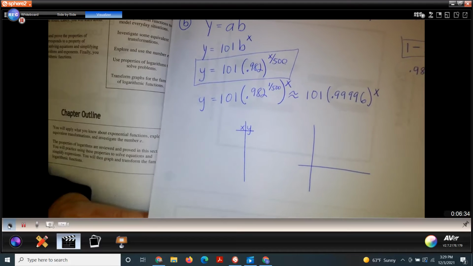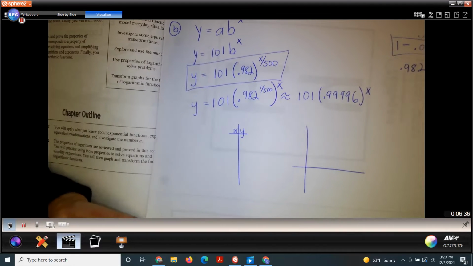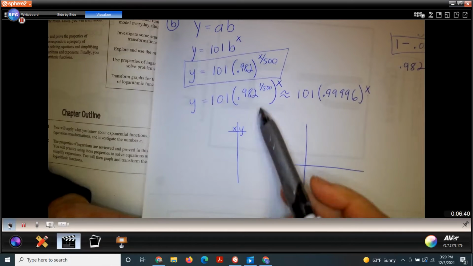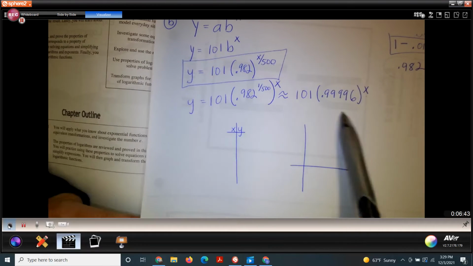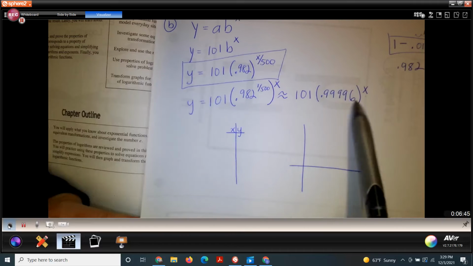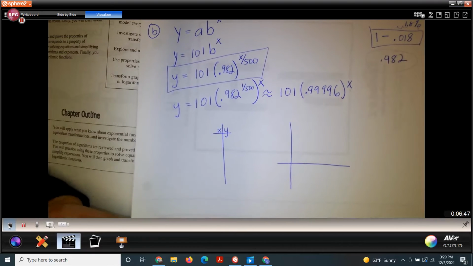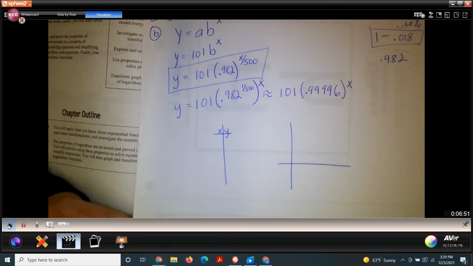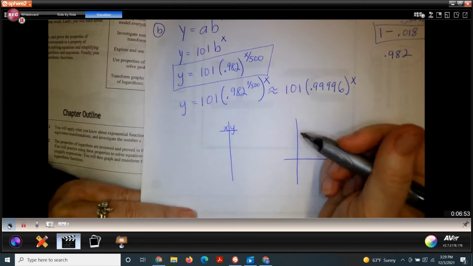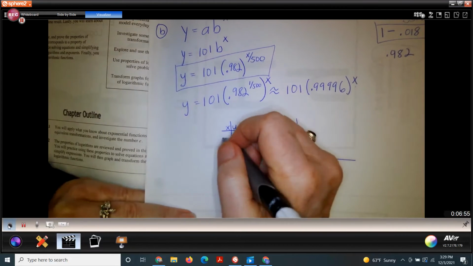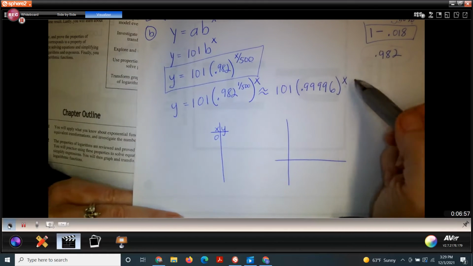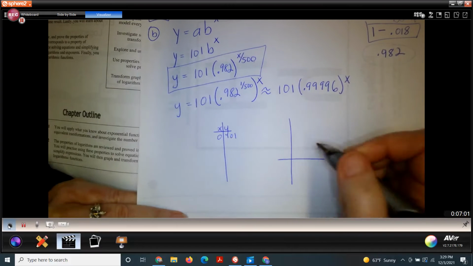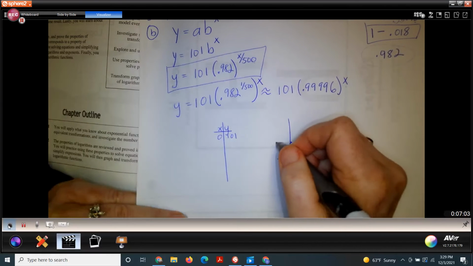I think it's going to be a decreasing function. I guess that's why they're making us put it in this form, because this form makes it much easier to graph than the other form, I suppose. So let's use 0 and 1, my two favorites. If that's the 0 power, I'm just going to have 101, and that gives me my starting point.